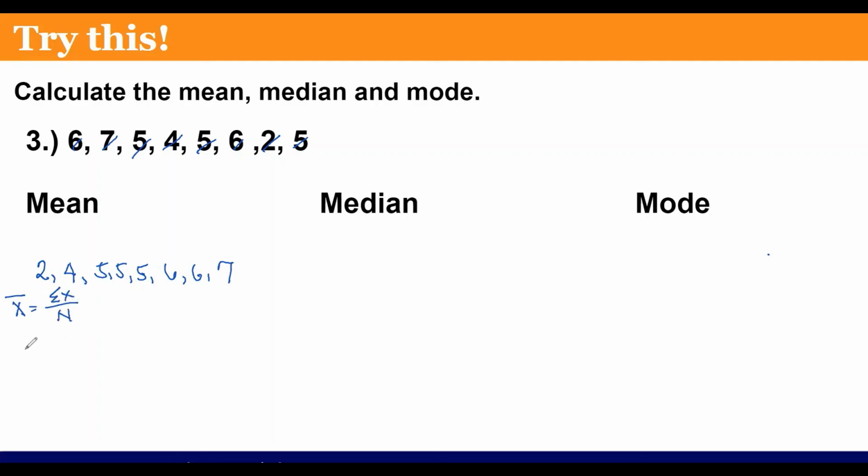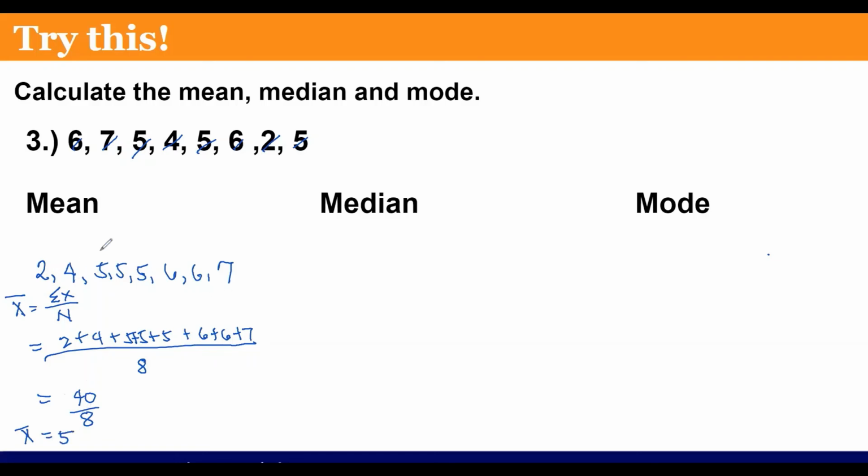So 2 plus 4 plus tatlong 5, plus dalawang 6, and then plus 7. And then divide it by the count, 2, 4, 6, 8. So we have 8. So our sum is 40. 40 divided by 8, and then the mean is equal to 5.